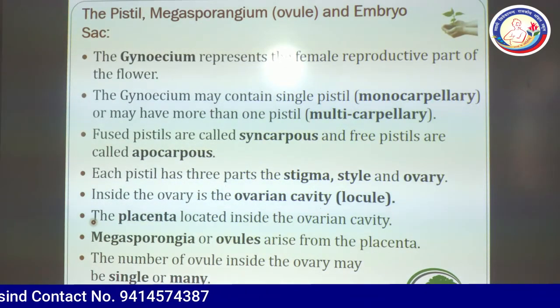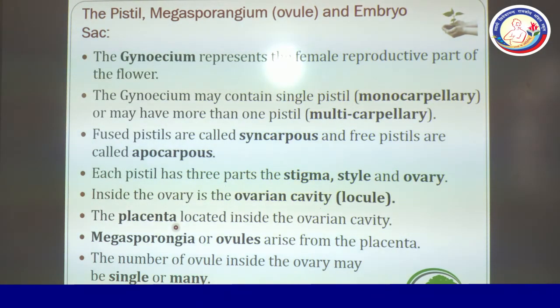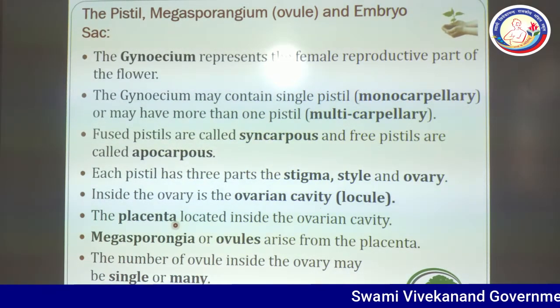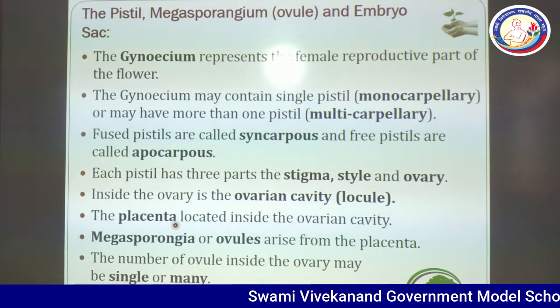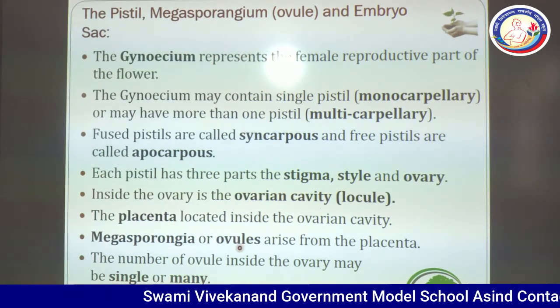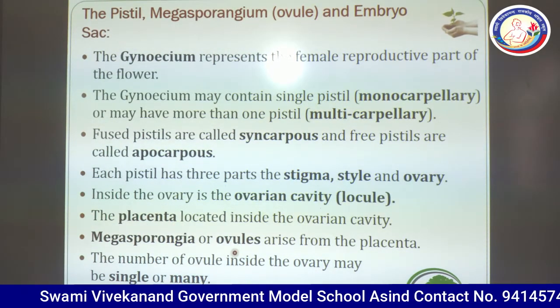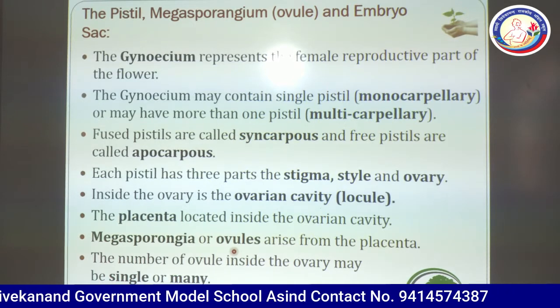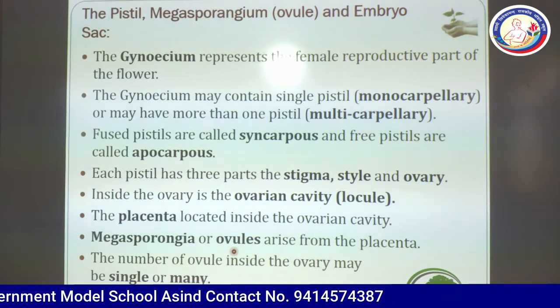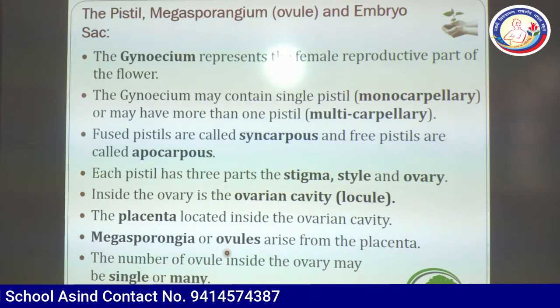In the ovarian cavity, there is a placenta from which ovules are attached, and the number of ovules depends on the plant species. In some plants, the number of ovules is 1, it may be more than 1.